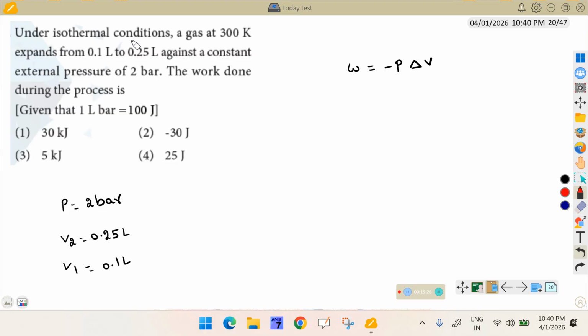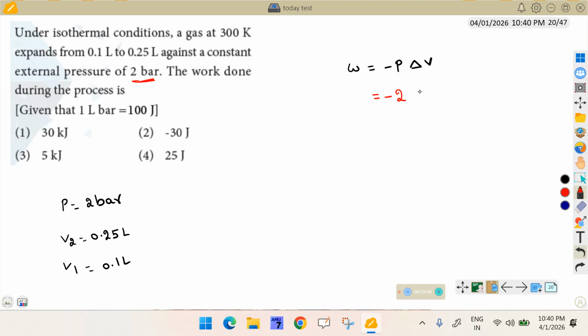Under isothermal conditions, a gas at 300 kelvin expands from 0.1 liter to 0.25 liters against a constant external pressure of 2 bar. The work done during this process is, okay, W is equal to minus P delta V. P value is given as 2.